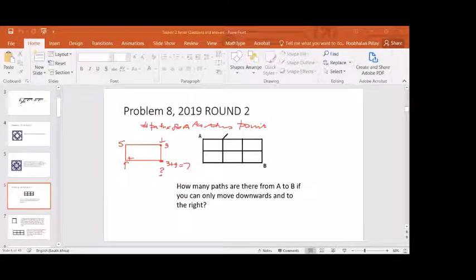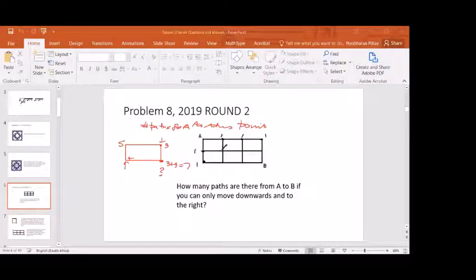Look, if I take this point here, how many paths are there from A to this point? You will agree there is only one. There's only one way in which you can reach this point here. Likewise, there's only one way in which you can reach this point from A. And here it's the same story, and here, and here.